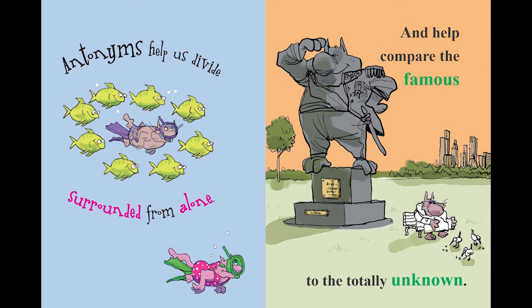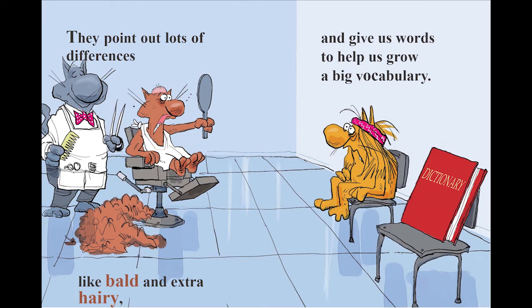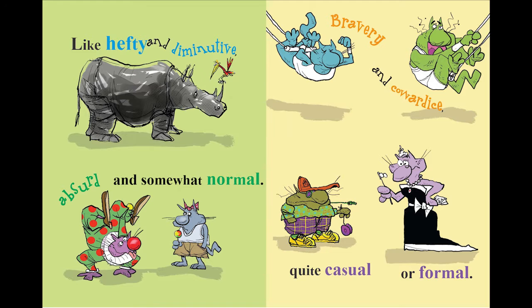Antonyms help us divide, surrounded from alone, and help compare the famous to totally unknown. They point out lots of differences, like bald and extra hairy, and give us words to help us grow a big vocabulary. Like hefty and diminutive, absurd and somewhat normal, bravery and cowardice, quite casual or formal.